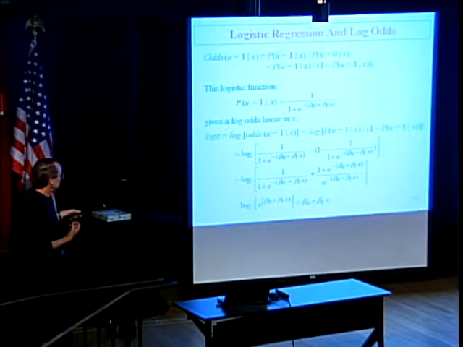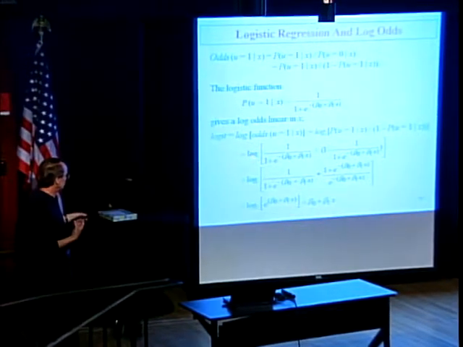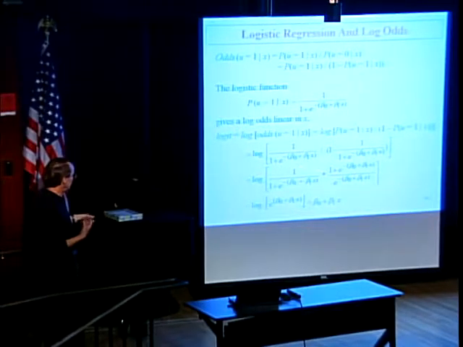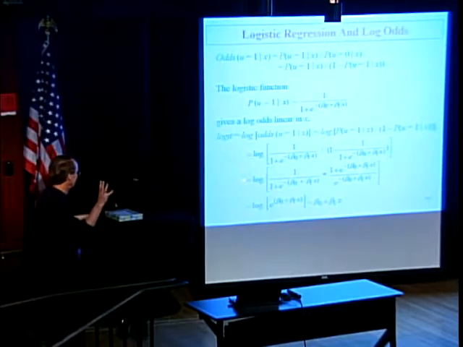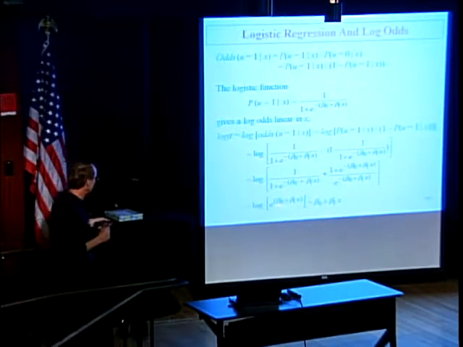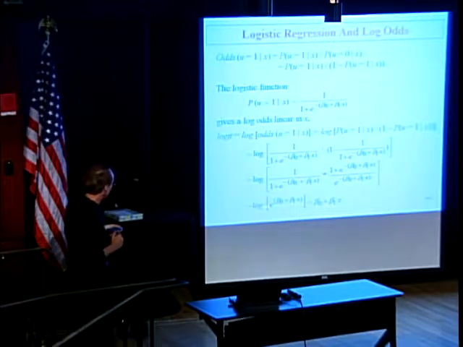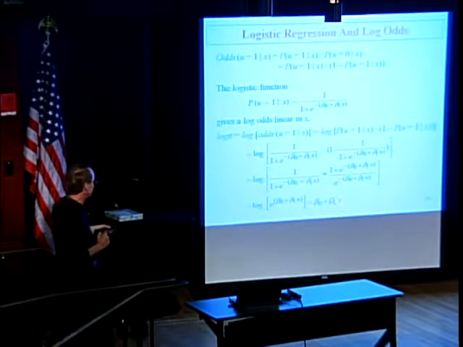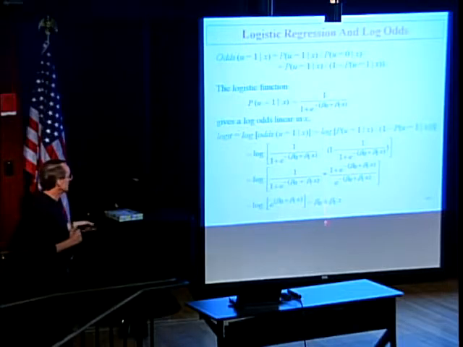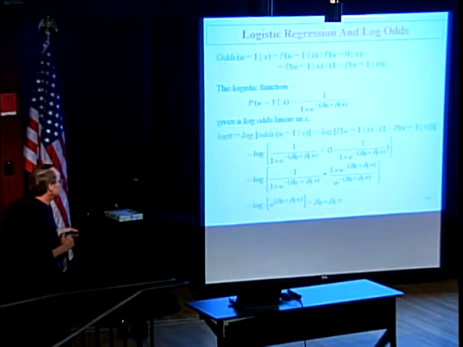If we insert the probability of u equals 1, the model that we are assuming, put that inside the bracket, take the log, and abracadabra, out comes a linear function of x. So these steps you can do tonight before you go to bed.